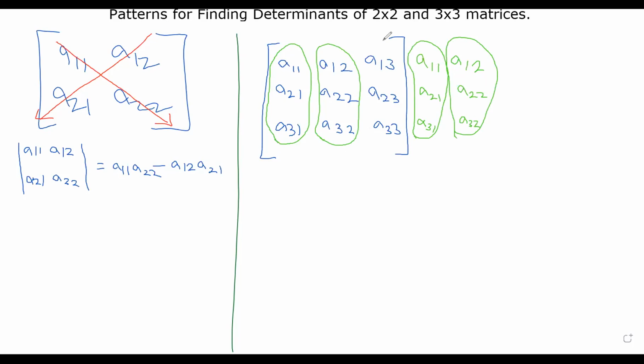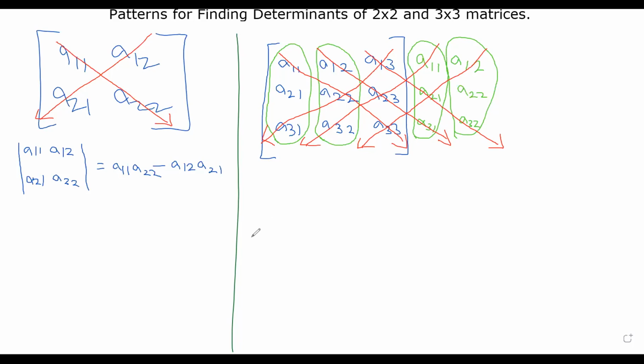Now you have the first two columns rewritten. To find the determinant of this original 3x3 matrix, you take the sum of the products going down right: the product of those three things, plus the product of those three, plus the product of those three. Then subtract the product of those three things, subtract the product of those three, and subtract the product of those three. The arrows going down right give the positive product of those entries, and the arrows going down left give the negative of those products.